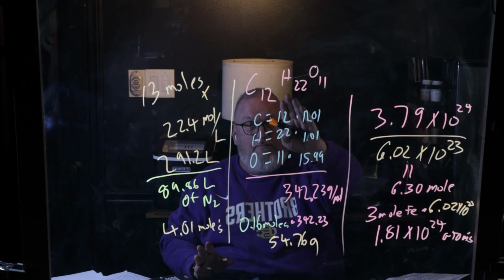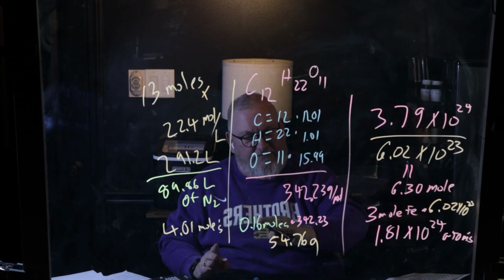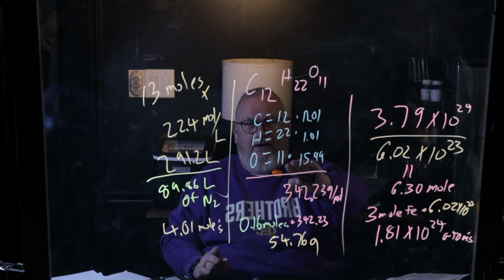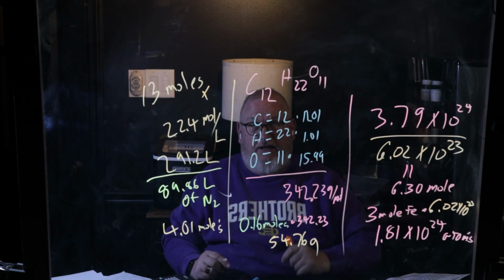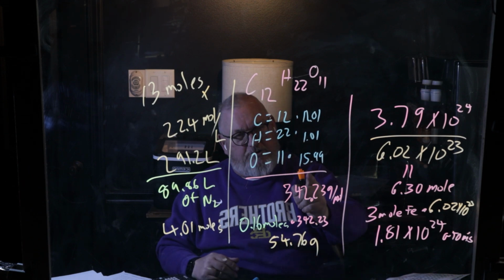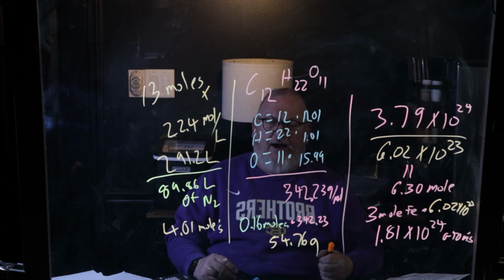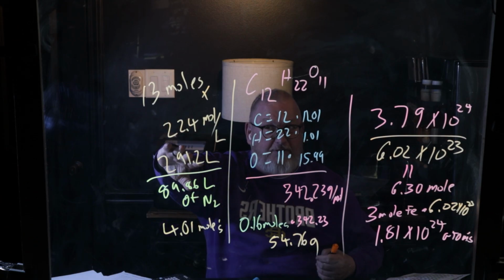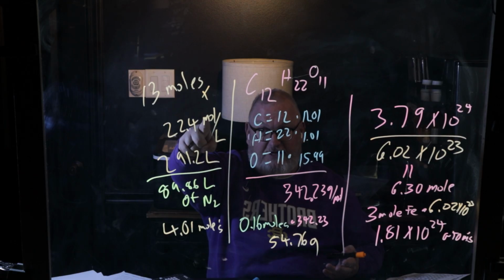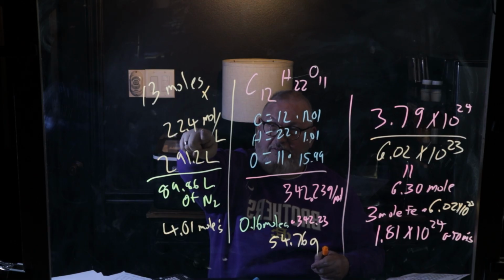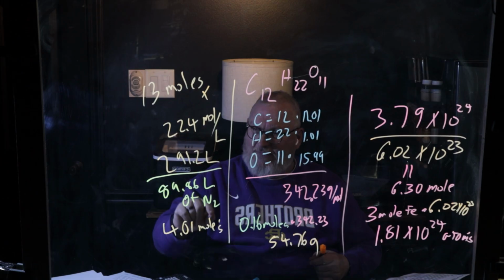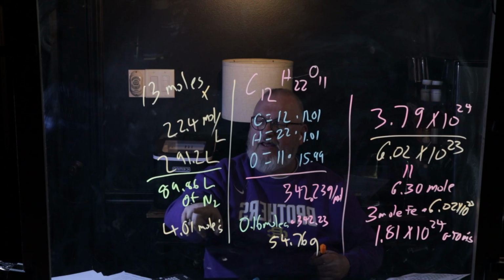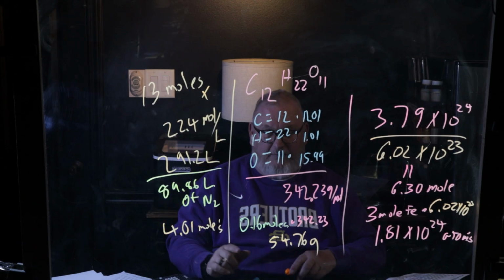If I want mass and I'm given moles, I multiply by the molar mass. If I'm given a sample mass, I divide by the molar mass. If I'm given moles and need volume at standard temperature and pressure, I multiply by the molar volume. And if I'm given liters, I divide by the molar volume to get moles.